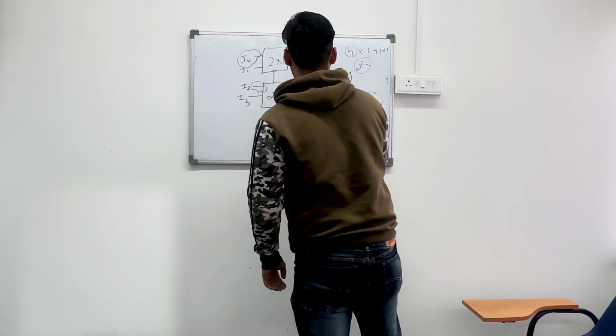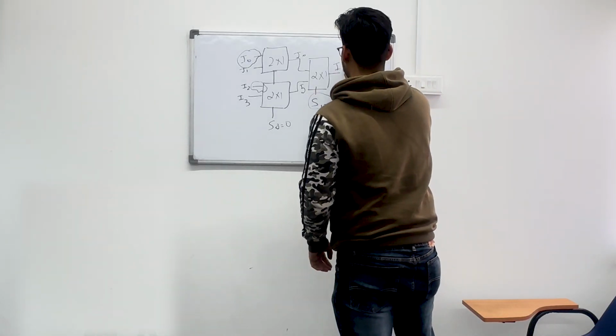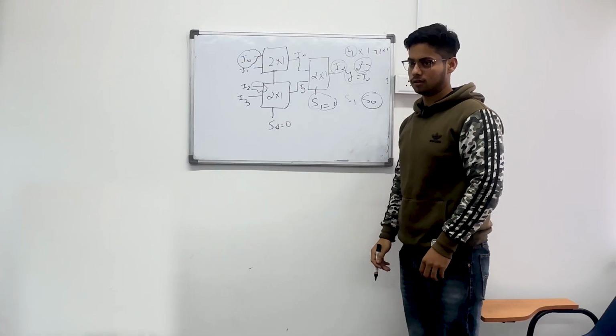And here S1 is 0, so we will get I1. We will use I1 as our answer. And what about the 4 cross 1 MUX? The 4 cross 1 MUX also will give I1? Yes. So your circuit is correct, right? Yes. Okay. So you have to verify your circuit also. In this case, suppose you have implemented a 4 cross 1 MUX using 2 cross 1 MUX, how many MUXes did you need? Three. Okay.